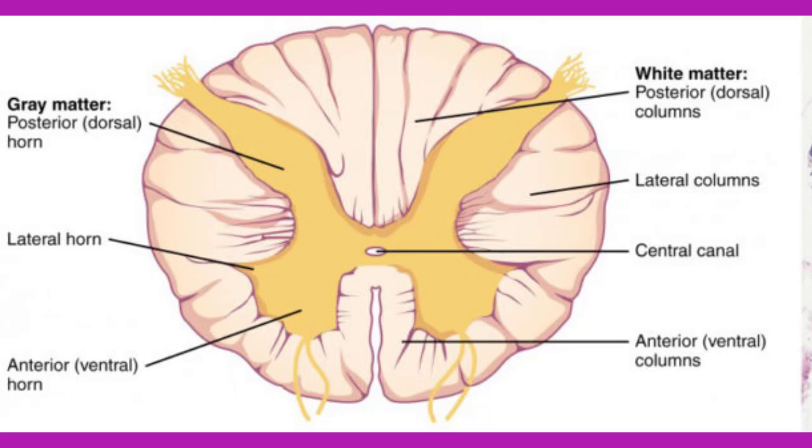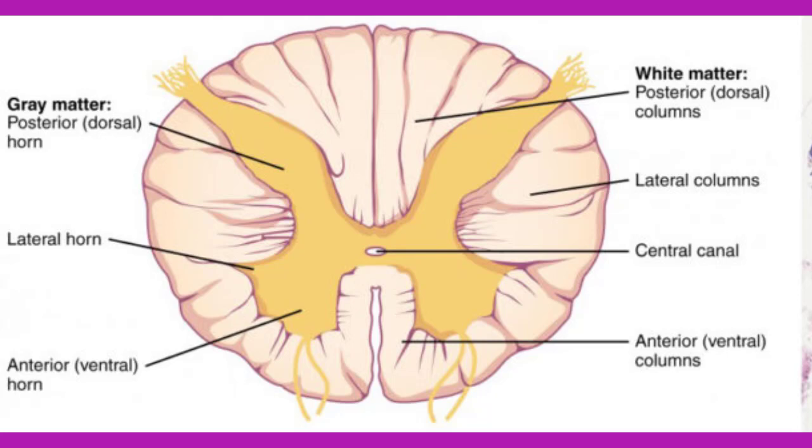The posterior horn is responsible for sensory processing. The anterior horn sends out motor signals to the skeletal muscles, and the lateral horn, which is only found in the thoracic, upper lumbar, and sacral regions, is the central component of the sympathetic division of the autonomic nervous system.